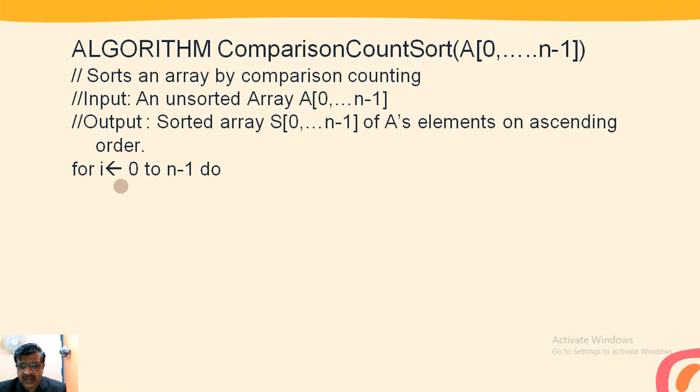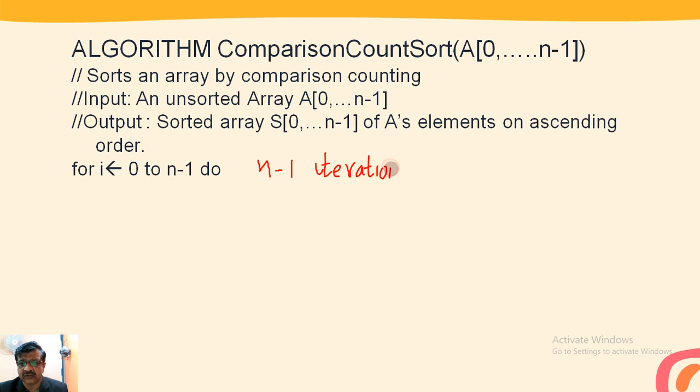For i equal to 0 to n-1, because it needs n-1 iterations. The last fellow need not be compared, because there will be nothing to compare for the last element. It will gather its counts. That means n-1 times, n-1 elements are to be sent iteratively for the comparison.